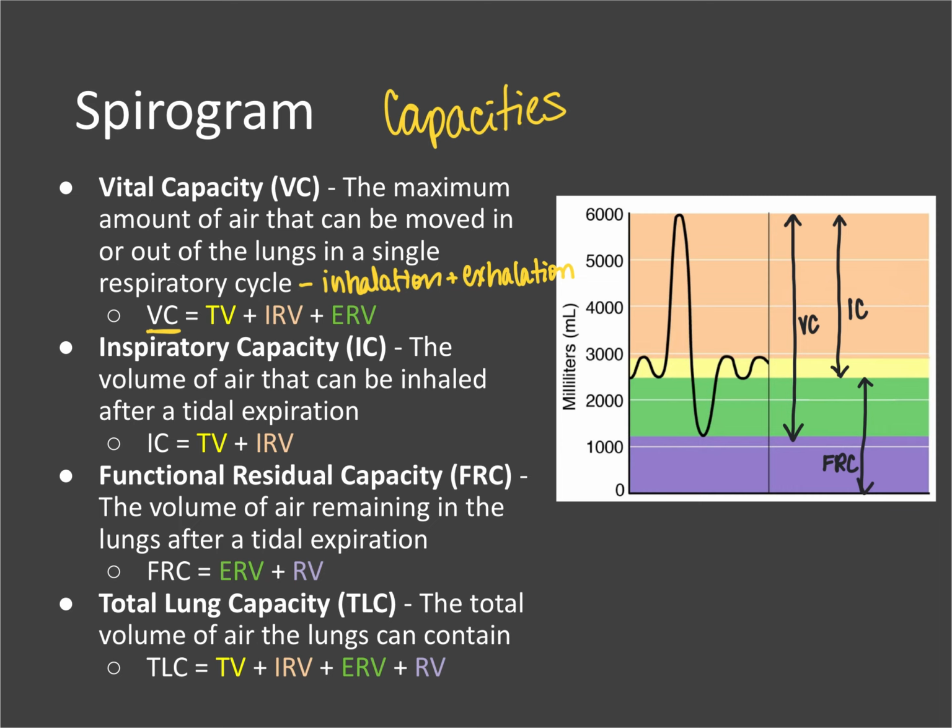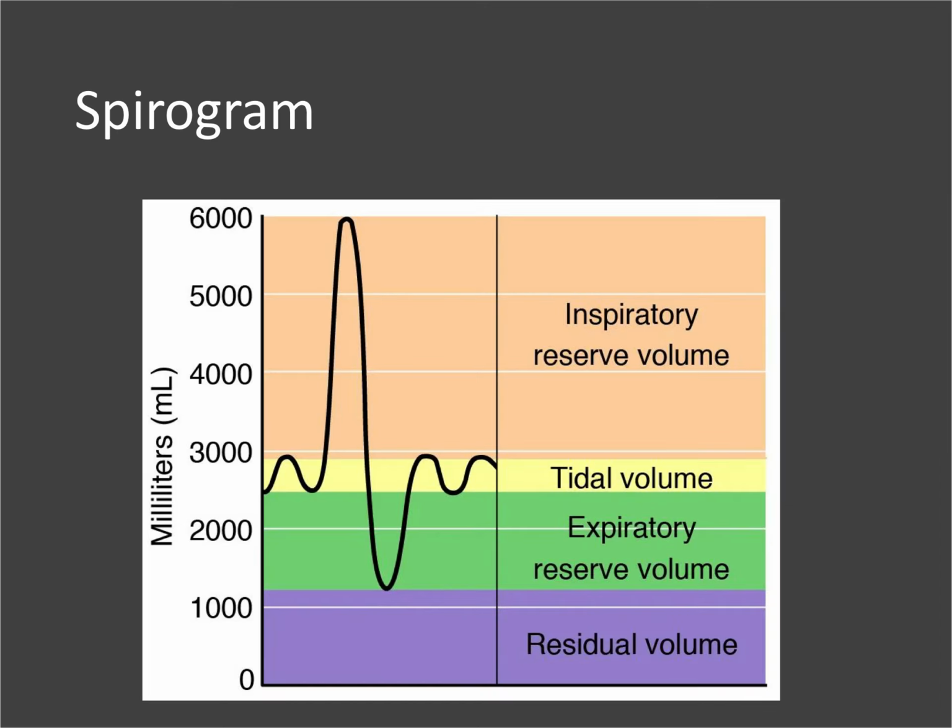And then the total lung capacity is going to be all of the volumes added together. So the total lung capacity is going to consist of the inspiratory reserve volume, the tidal volume, the expiratory reserve volume, and the residual volume. And here's just another look at that graph.